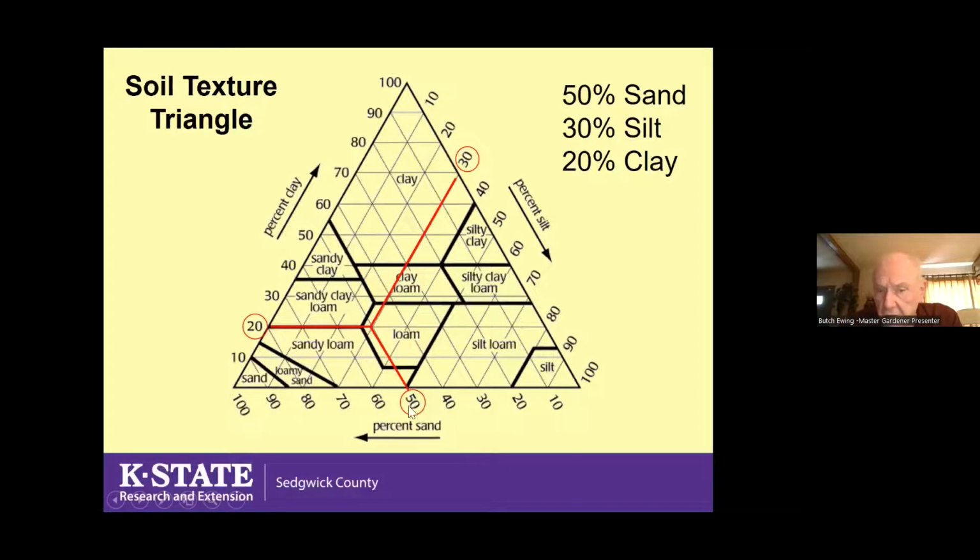So down here, you would plot your 50% sand, and over here, the 30% of the silt, and over here, the 20% of your clay. Then you follow the diagonal lines within the triangle until the three of them come together, and wherever they meet, that will give you the texture of your soil.